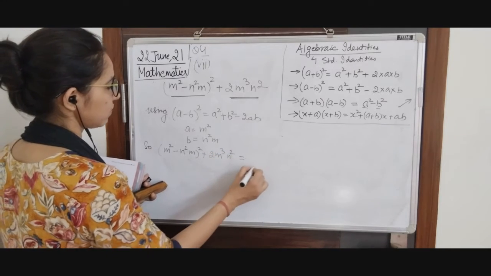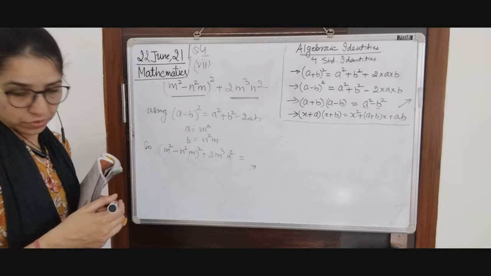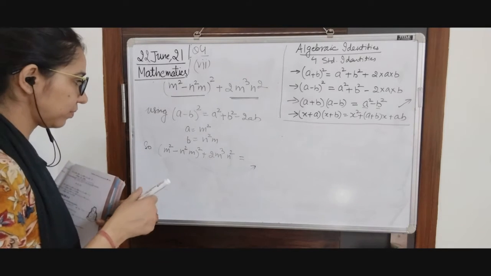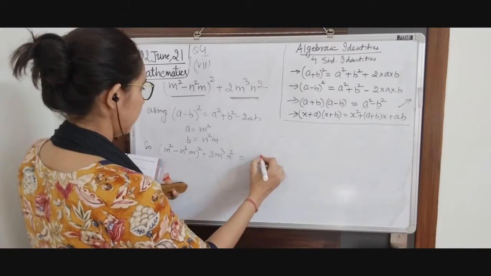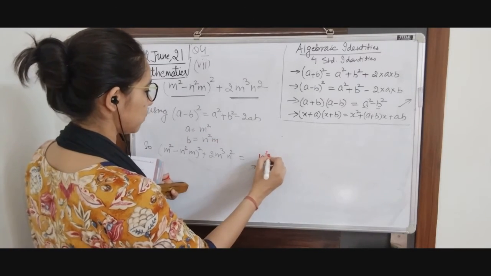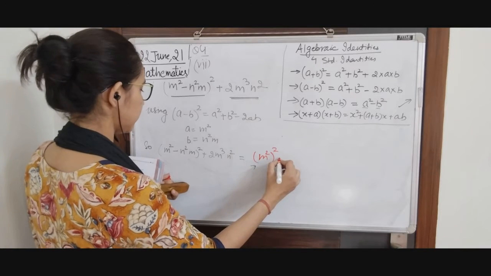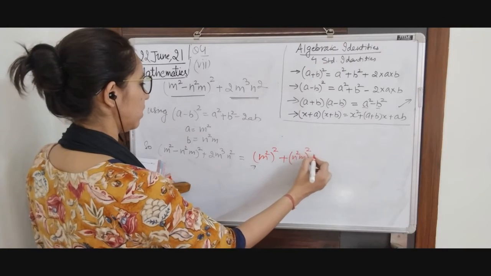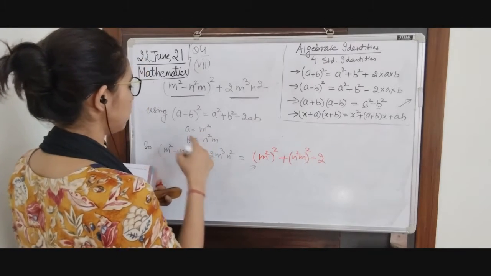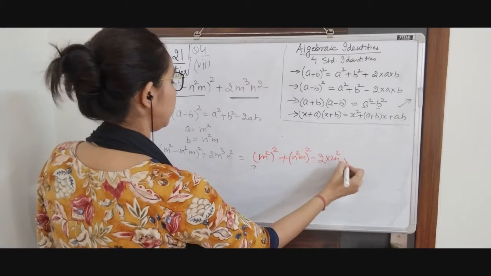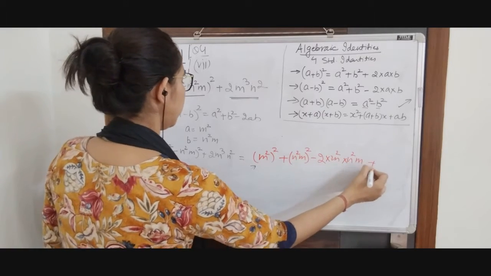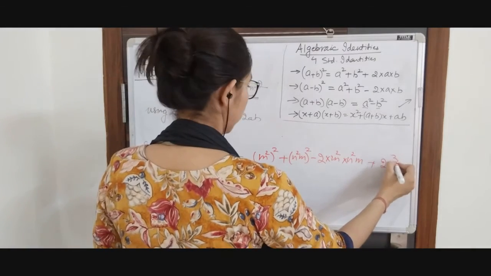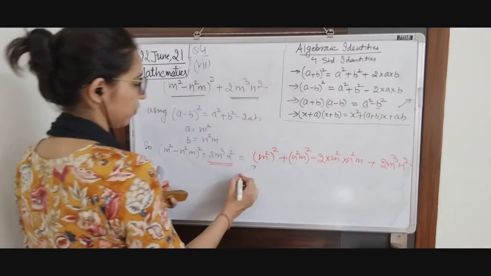Okay, so your given expression, which was m square minus n square m square plus 2m cube n square, will be equal to, for this we are using the identity, first term's square, m square's square, plus second term's square, n square m's square, minus 2 product of 2 terms, which is m square into n square m, plus this term as it is, because we are not applying any formula over this term.